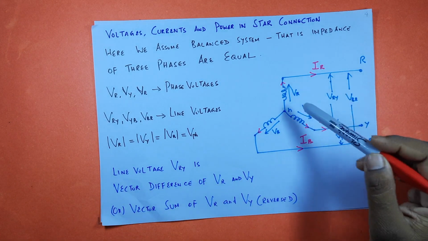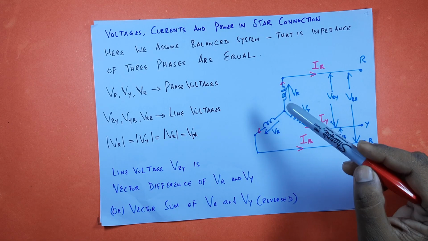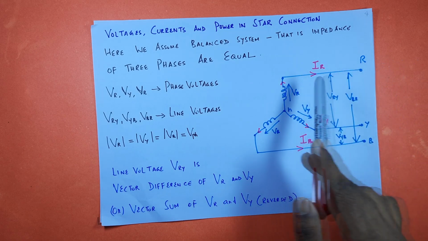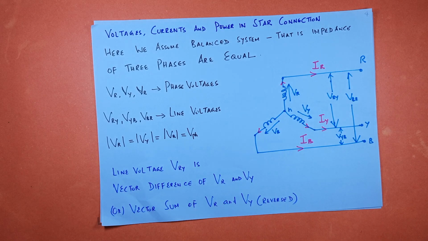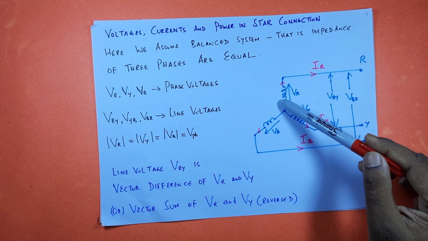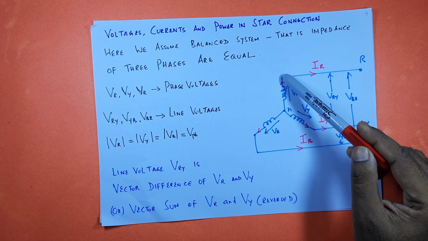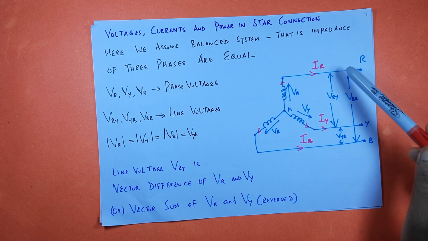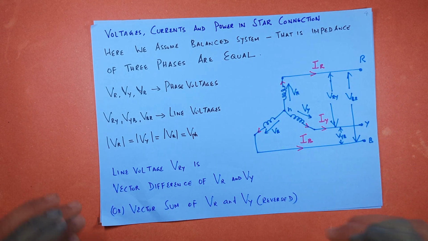Here, the current flowing through this phase winding is called the phase current, whereas the current flowing through these lines is called the line current. But in this star connected system, the same current flowing through this phase winding flows through the line. So here also like this, here also like this.